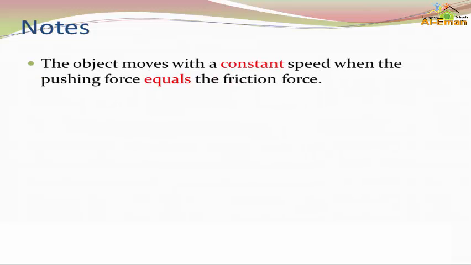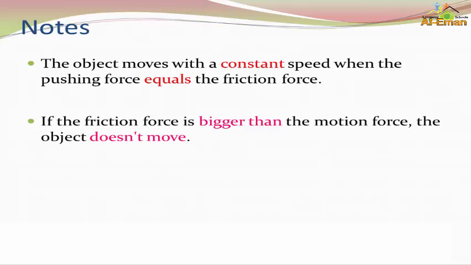Notice that the object moves with a constant speed when the pushing force or motion force equals the friction force. So we have two forces, okay? We have motion force and friction force. If the two forces are equal, so the speed of movement of the object will be constant, okay?